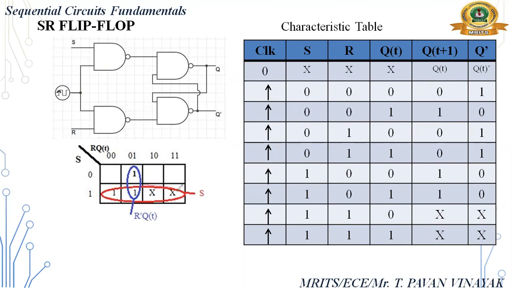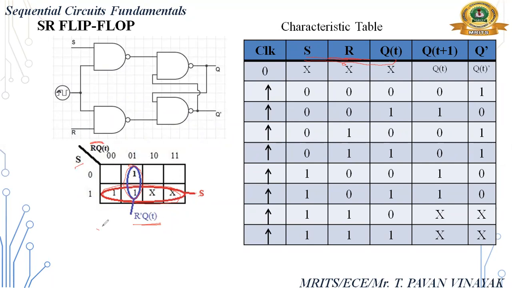So this is one quad, and the expression for it is S. And this is one pair, and the expression for it is R bar Q of t. Here I am taking inputs as S R Q of t.